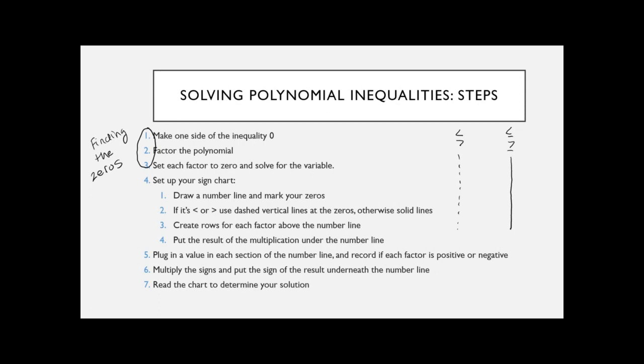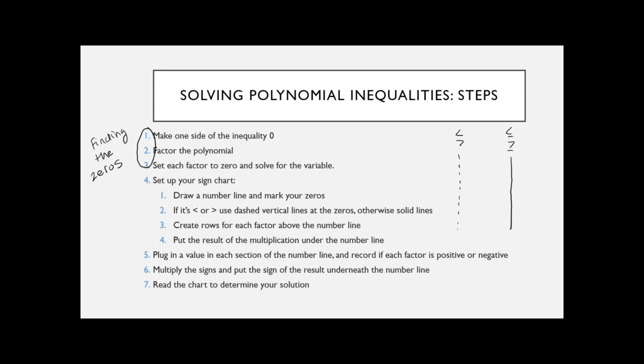And that's just to remind you whether that point is included or not. So if it's a solid line, then it's like, okay, I can include that point. If it's dashed, that 0 is not included. Then you're going to create rows for each factor above the number line, and you're going to do the multiplication below the number line. So I'll show you what that looks like when we start doing this.